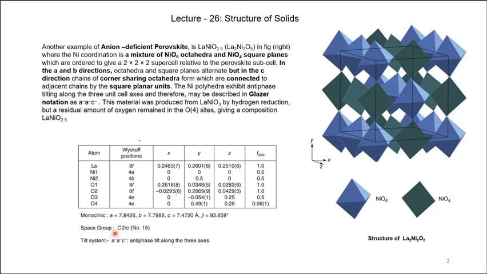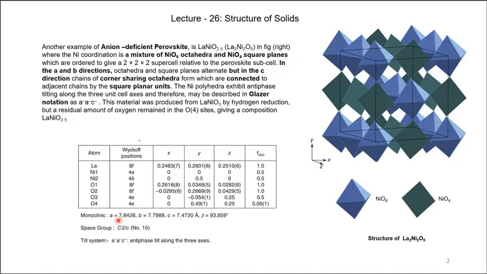And when I say space group, we have been saying C2/c, which immediately says that it is a monoclinic system, and the point group is 2/m. And the space group is number 15.